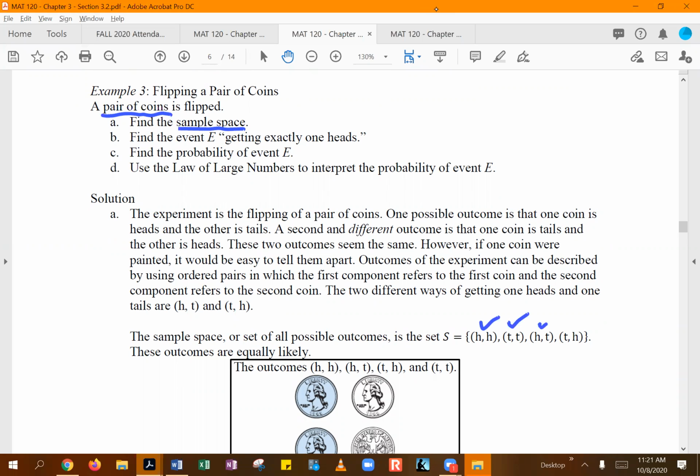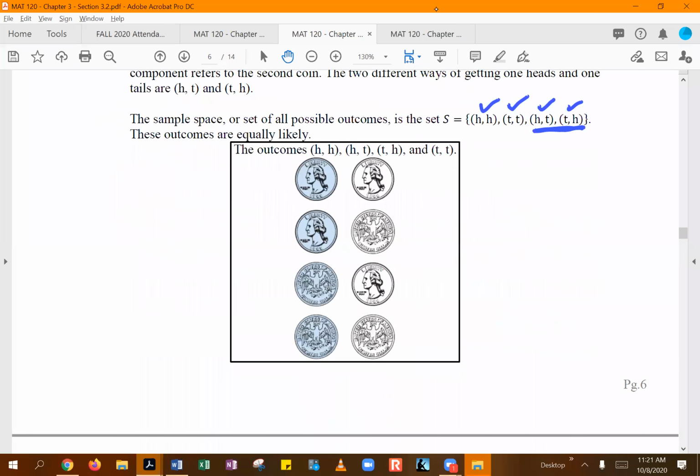The first one could land on a head and the second on a tail, or the first one on a tail and the second on a head. Keep in mind, these two outcomes are not the same, because this is the distinction of which coin falls on its head and which coin falls on its tail. So even though one of each is showing up, it's really specific to which coin.